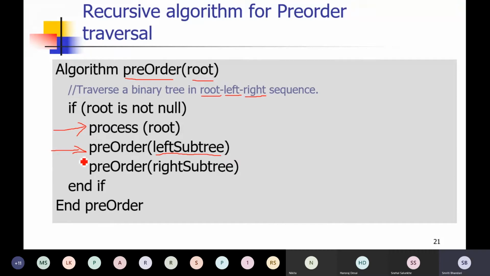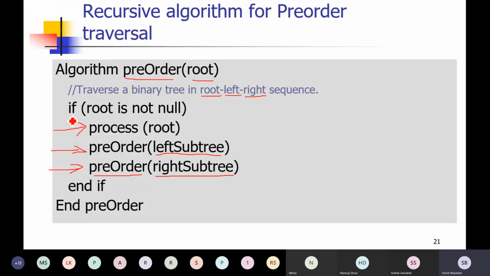So it will once again enter into the same algorithm and carry out the task for the left subtree. After we are done with the left subtree, we have one more recursive call to the same algorithm pre-order with the address of the right subtree.